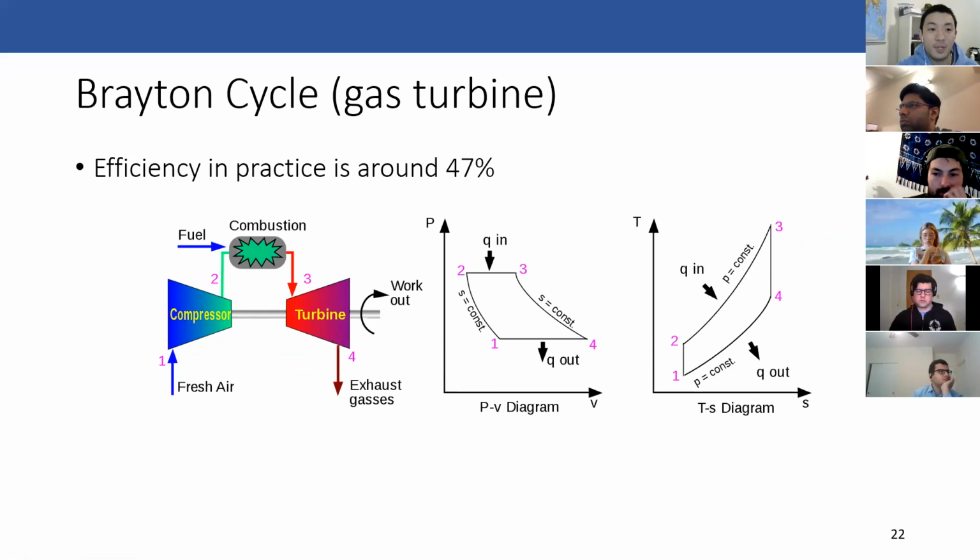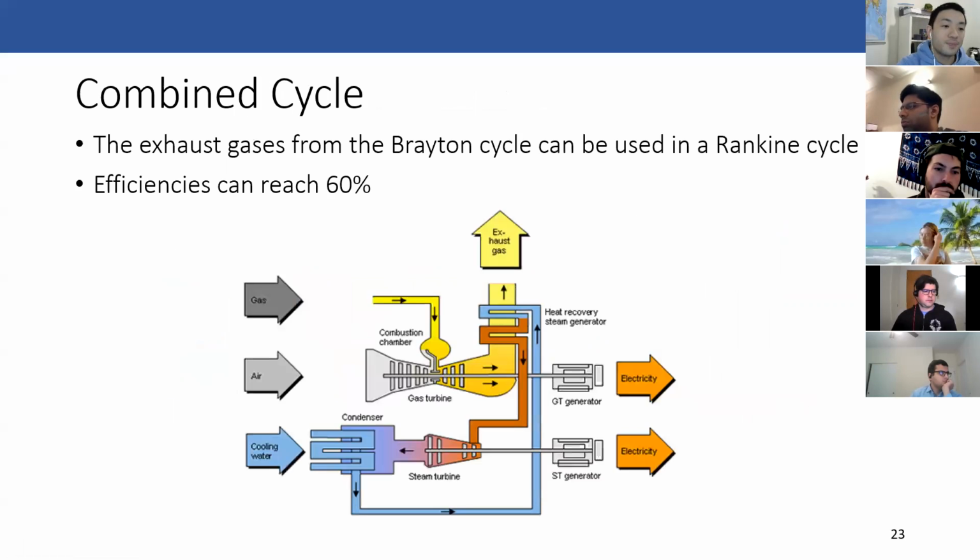And so for natural gas plants, there are two classic types that we talk about. One is a single cycle combustion turbine, which is exactly just this process here. And then you also have a combined cycle. I can take the hot exhaust gases from the Brayton cycle and use them in a Rankine cycle.